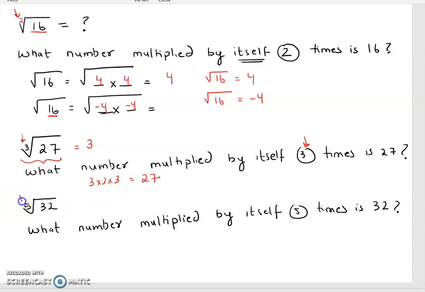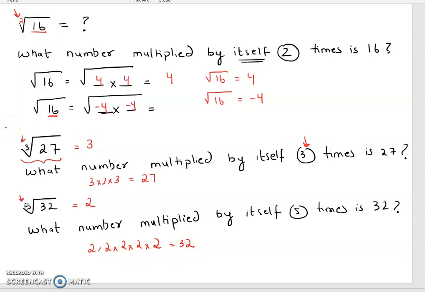Now you can see that the index is 5. So this one is asking what number multiplied by itself 5 times is 32. And the answer to this is 2, because 2 times 2 times 2, and if I do this 5 times, it will give me 32.